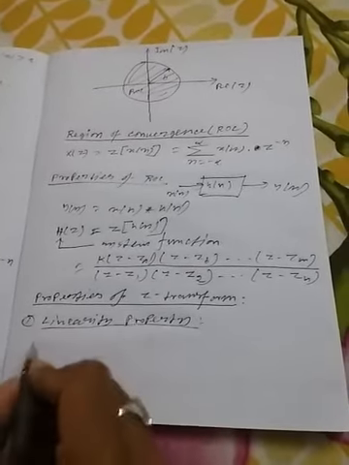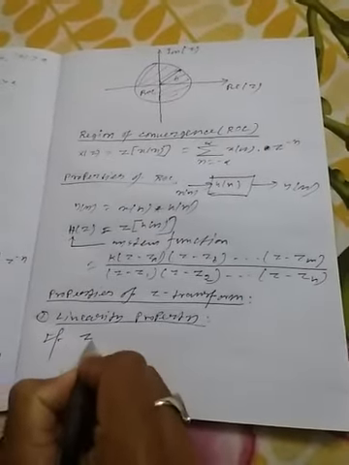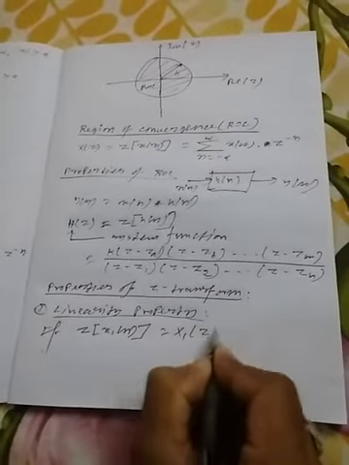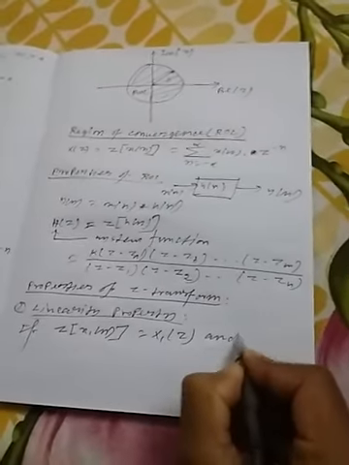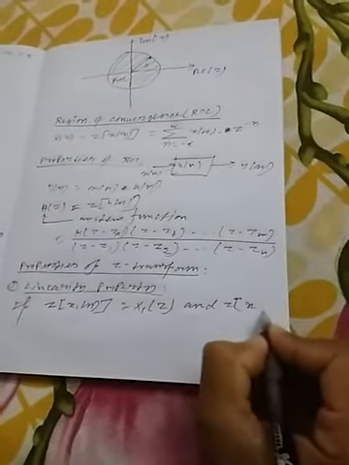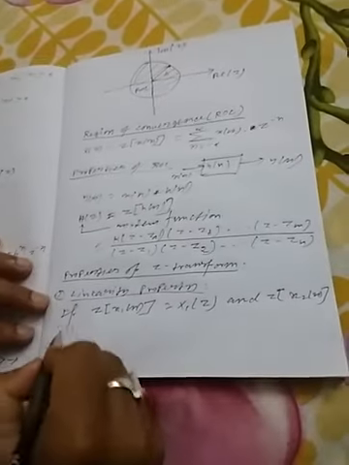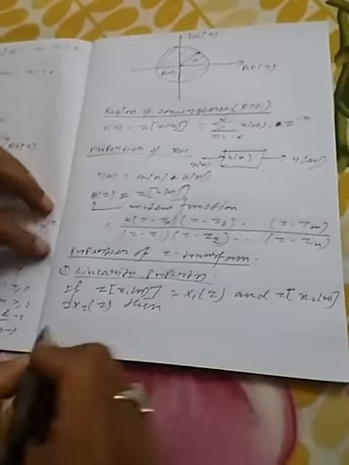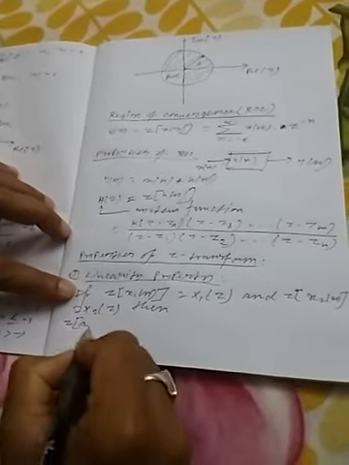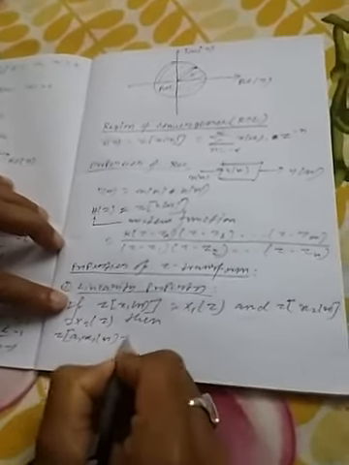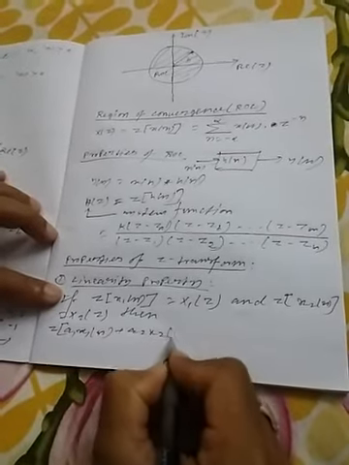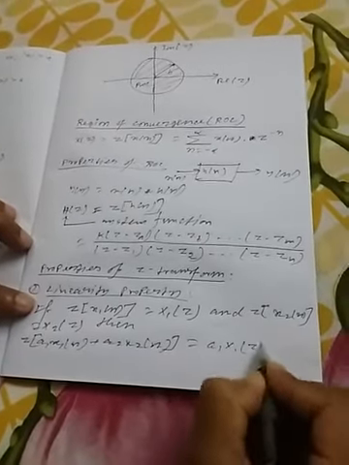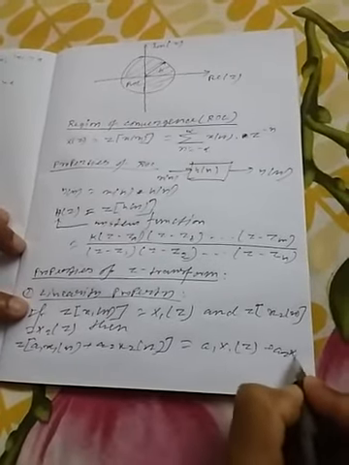The linearity property is: if the Z transform of x1(n) is equal to capital X1(z), and the Z transform of x2(n) is equal to capital X2(z), then the Z transform of a1 x1(n) plus a2 x2(n) is equal to a1 X1(z) plus a2 X2(z).